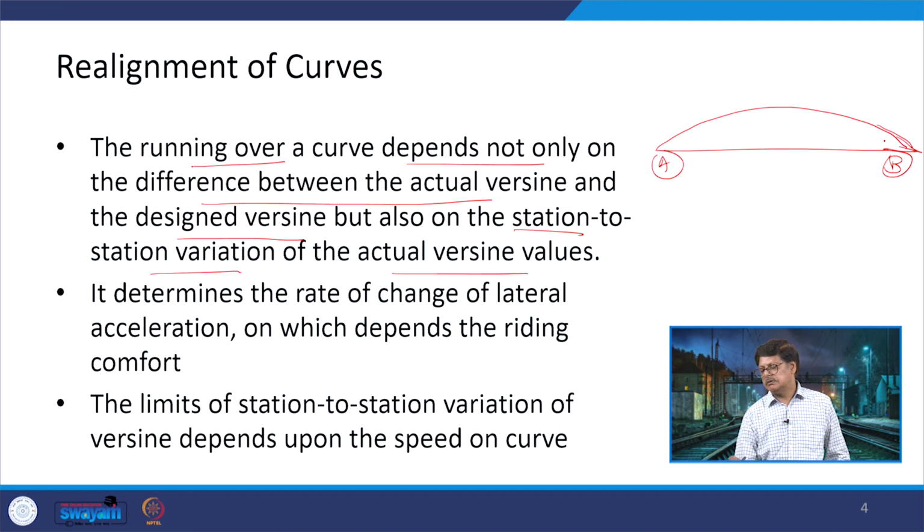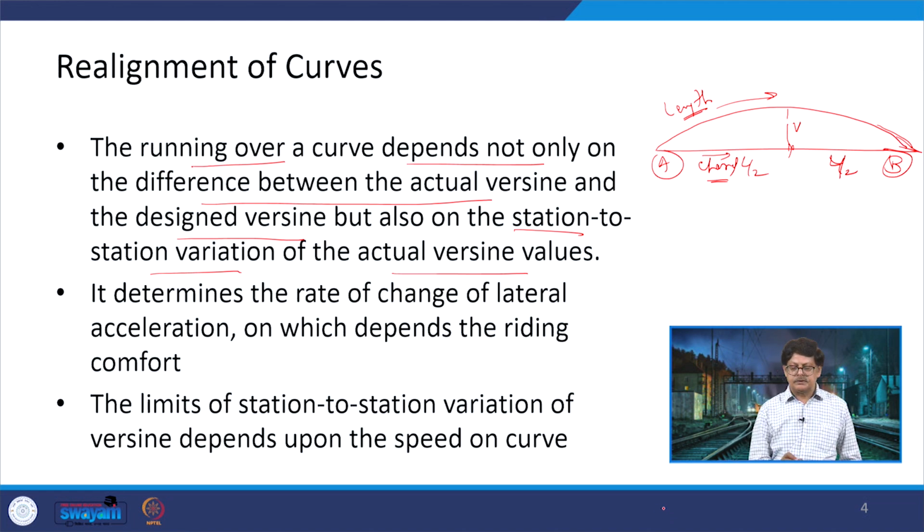And if you remember, we discussed the Versine V at a distance L by 2. There is a formula to calculate this value of Versine, which is nothing but the difference between the arc and the chord. This is the length which is provided and this one is the chord between point A and B, between which the curve has been provided.